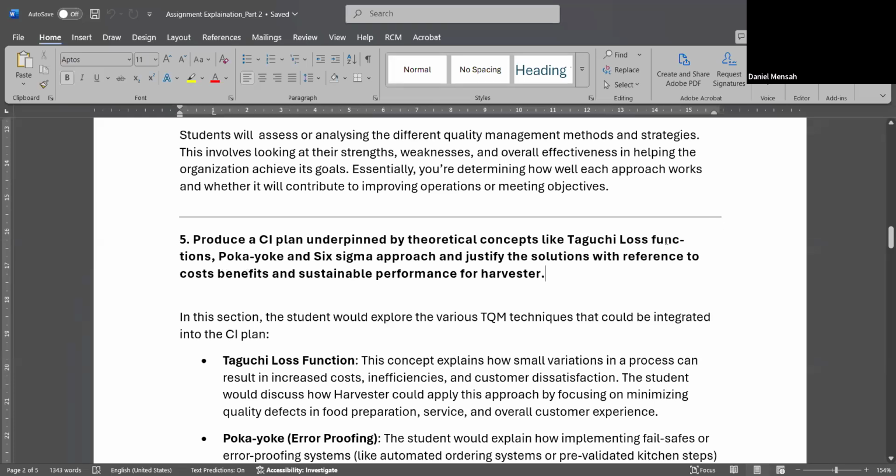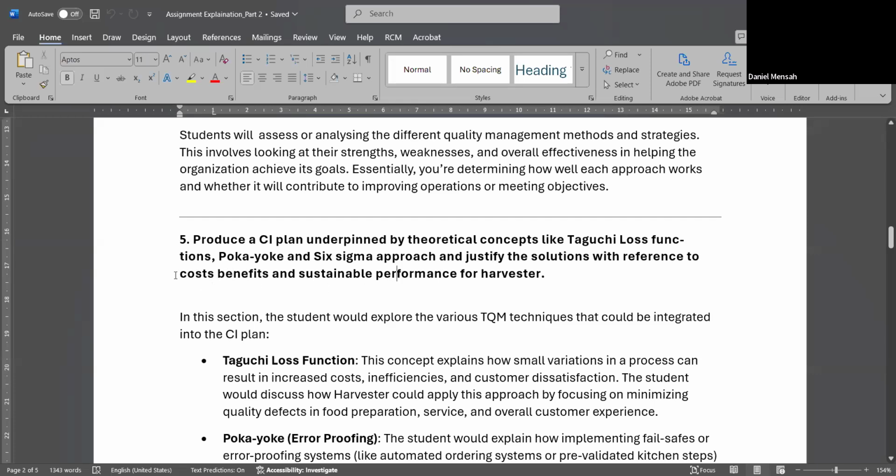So you will be explaining these techniques, and you will be telling how they are bringing improvement in your operations, and then you will be justifying the solution. The justification should be from the perspective of cost benefit and sustainable performance.